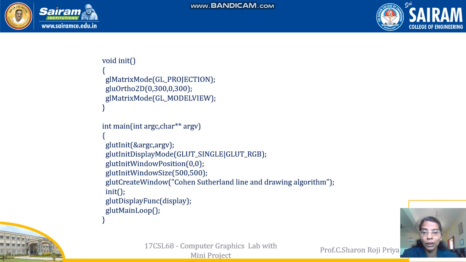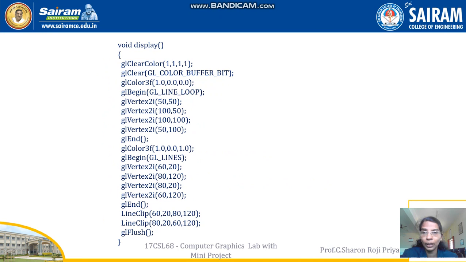Right. Next, coming to the display callback function. This display callback function will call your display, and here in the first step I'll be clearing. glClearColor will give you the background color, and glClear will clear your color buffer, and glColor3f is for your drawing color. It is RGB.